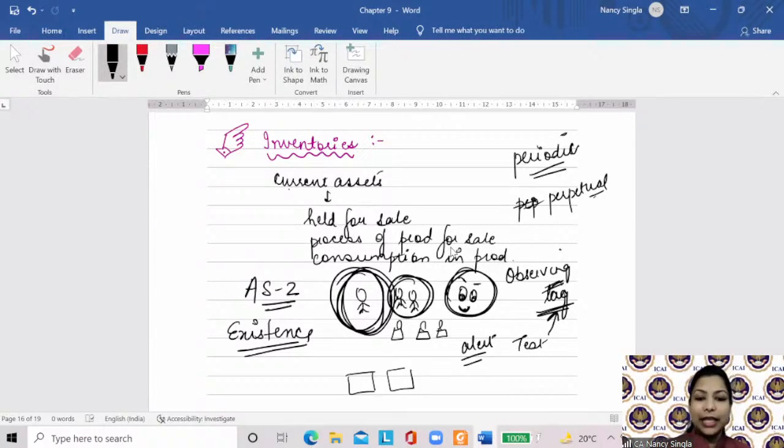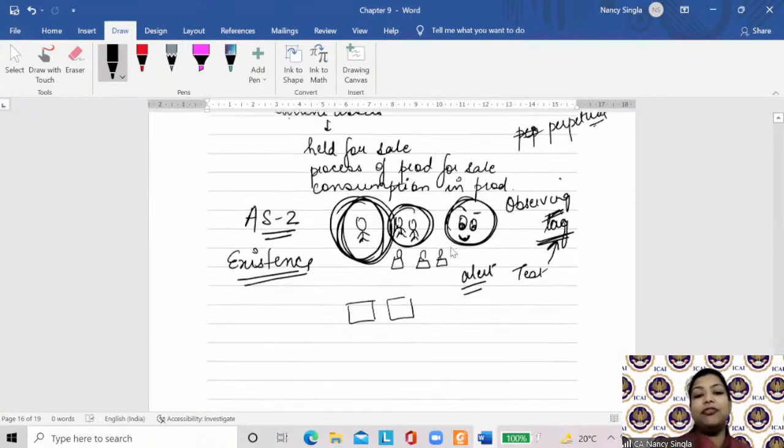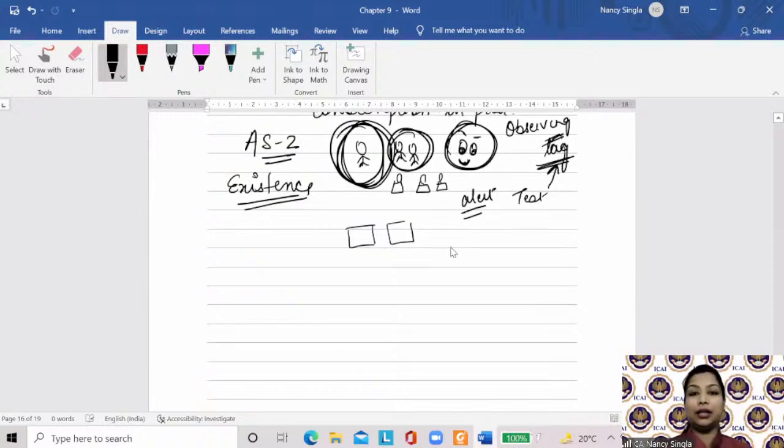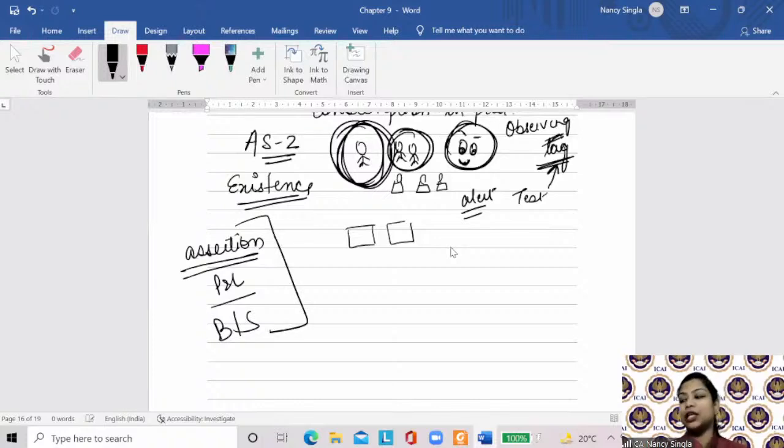Okay. Then the auditor will have to see specifically, if you remember when I explained all the assertions with respect to P&L items and balance sheet items, when we covered the general assertions at the starting of the chapter, I told you to read these examples specifically and your inventory verification will be done.